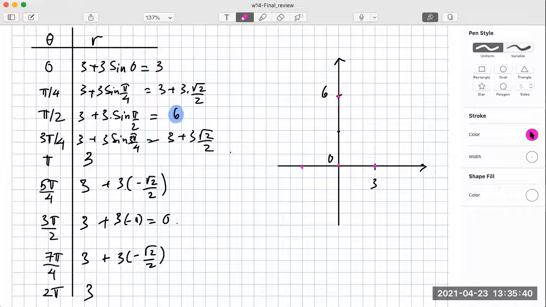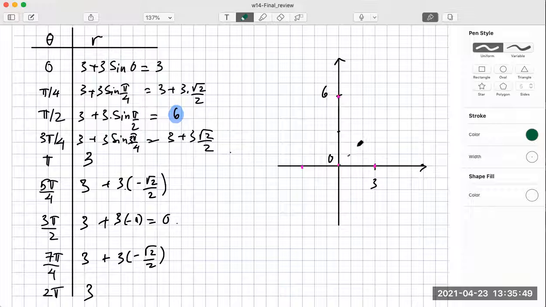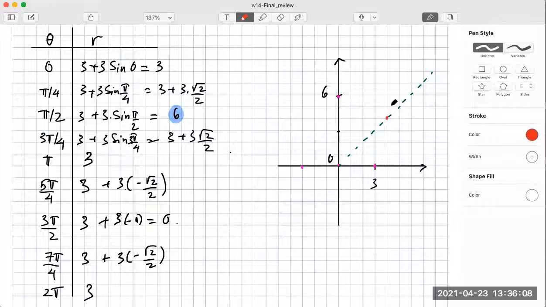I'm not sure. We know that the angle pi over 4 should be along this line, right? The distance now is 5 point something. Let us estimate somewhere here, okay? It's not very accurate, but somehow it should be around here.